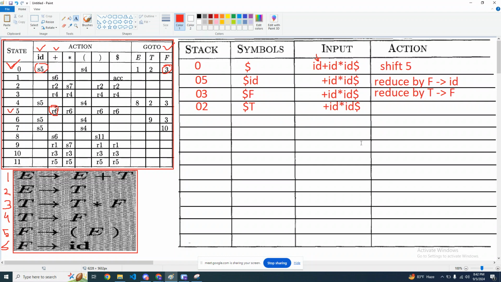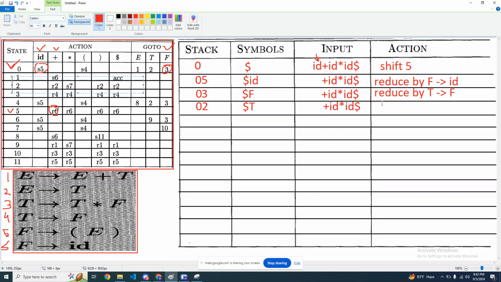Okay. So what is the current action? The current top of the stack is 2 and the current input is plus. So we go to 2 and plus, this is R2. So here we have reduce by rule 2.